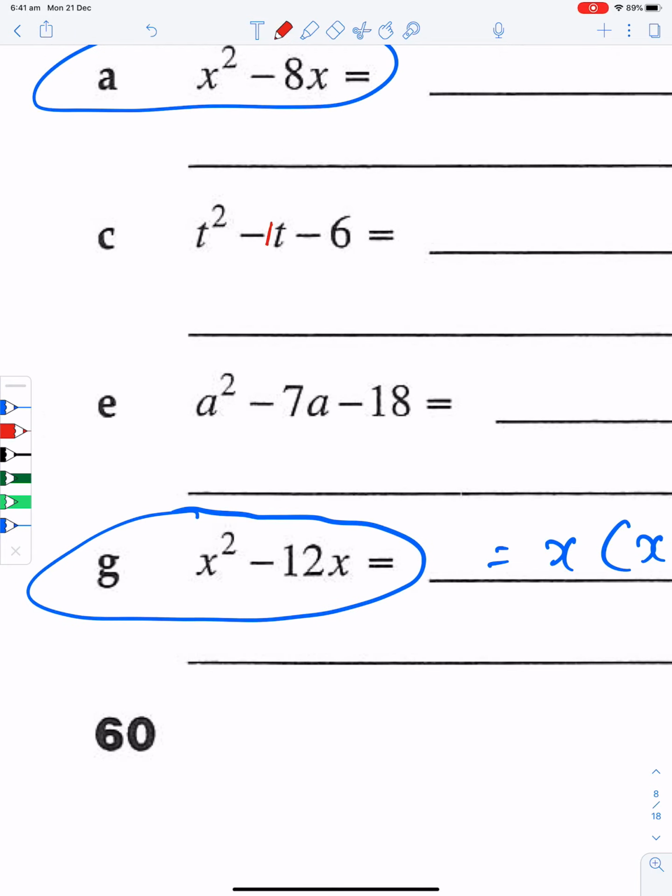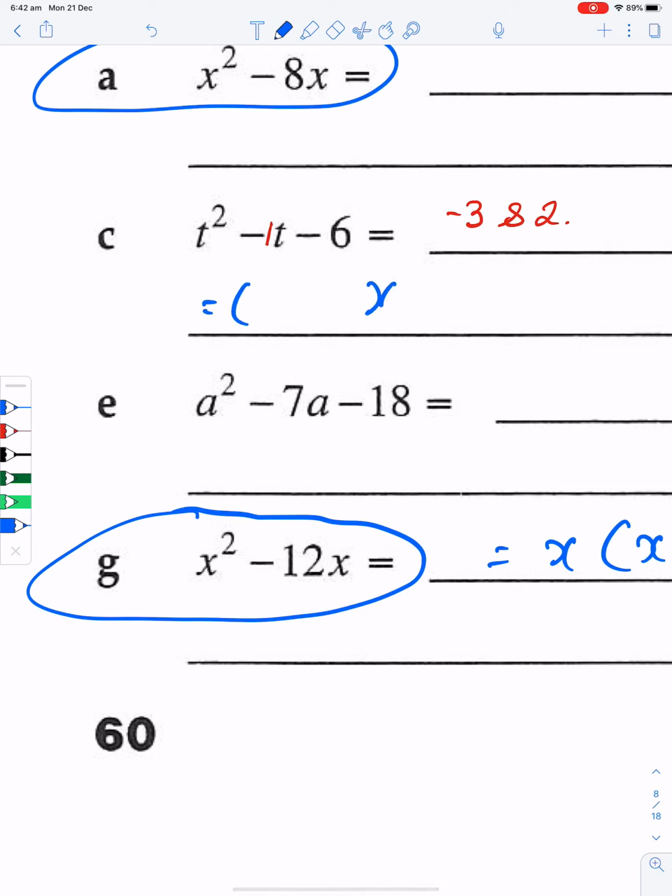So now what numbers multiply to give minus 6 and add to give minus 1? The numbers are minus 3 and 2, because minus 3 times 2 is minus 6, and minus 3 plus 2 is minus 1. So there are our special numbers.